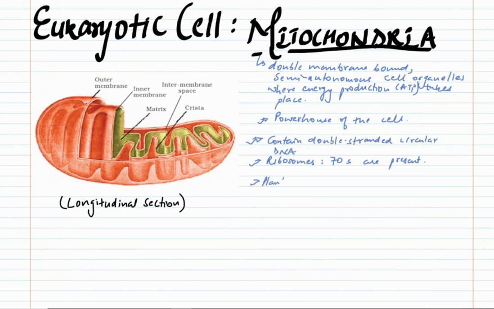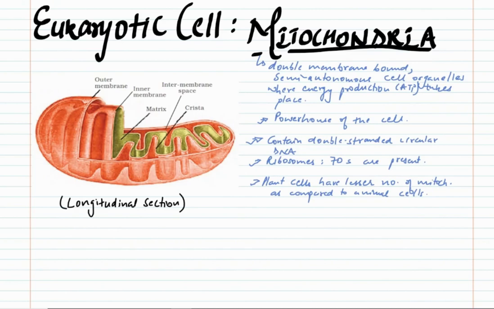Usually plant cells have lesser number of mitochondria as compared to animal cells because plant cells require relatively lesser energy. That is why they have lesser number of mitochondria compared to animal cells.